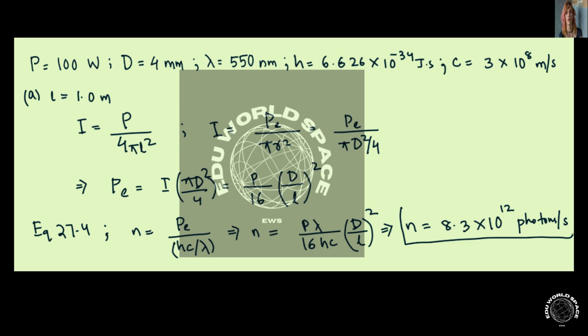Now for the second part B, we do the same calculation, but over here we take our L to be 1 kilometer instead of 1 meter. So we take this to be 10 to the power 3 meter now. And we do the same thing. So we find the number of photons entering the eye per second.